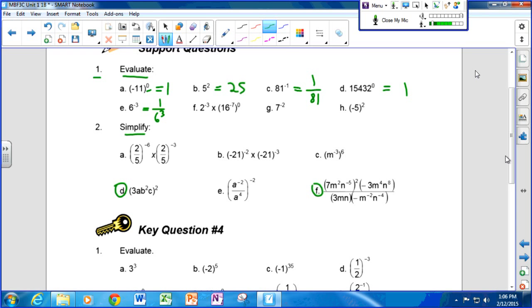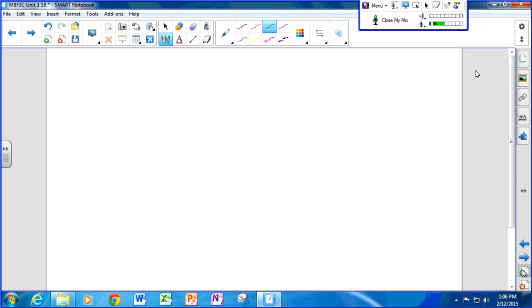It's asking us to simplify, which just means to expand it out, use the exponent laws. Let's take a look at that. I'm going to just rewrite it on a blank sheet. So that's support question 2, and then it's part D.